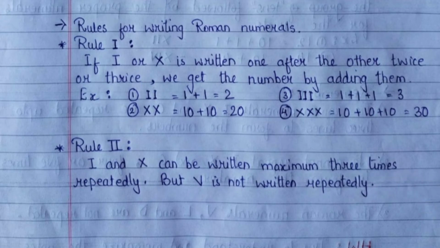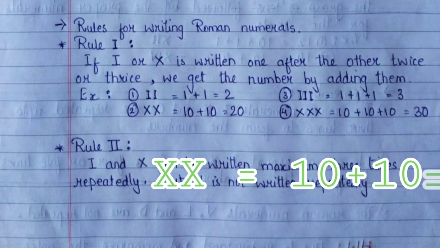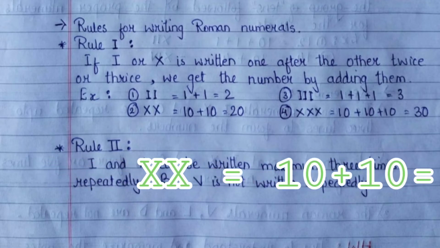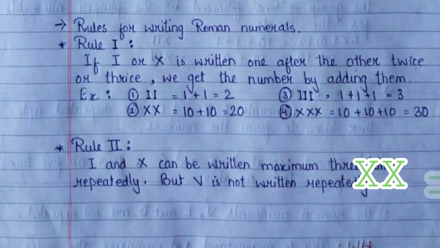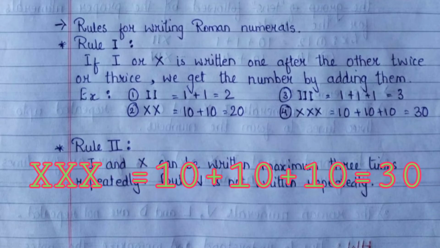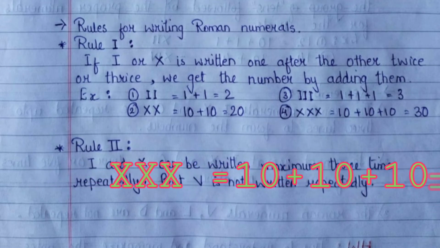Similarly, if we take double X, we know that the value of X is 10. So, double X means 10 plus 10, that gives the answer 20. And in the same way, if X is taken thrice, that is equal to 10 plus 10 plus 10, that is equal to 30.